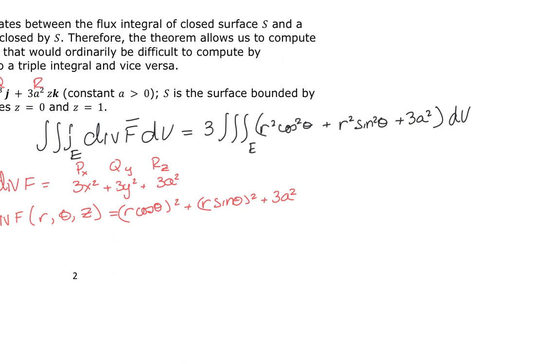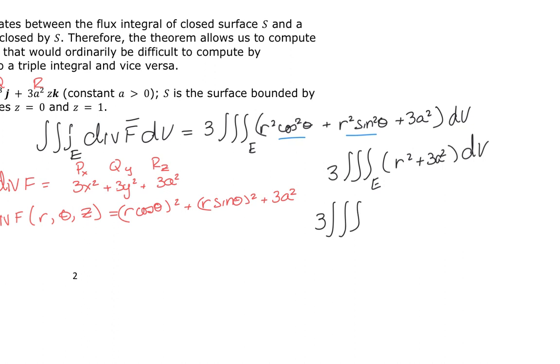Okay. Now, we know that if we factor an r squared out of those two terms, I'm going to have cosine squared plus sine squared. So we have 3 times the triple integral over this solid region E of r squared plus 3a squared dV. Now, it doesn't really matter the order and how you do this. I might do my r first. So I have 3, and I have this integral.